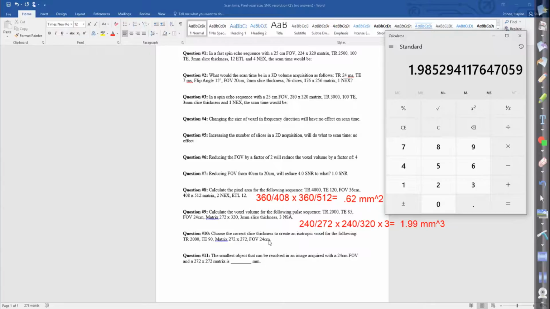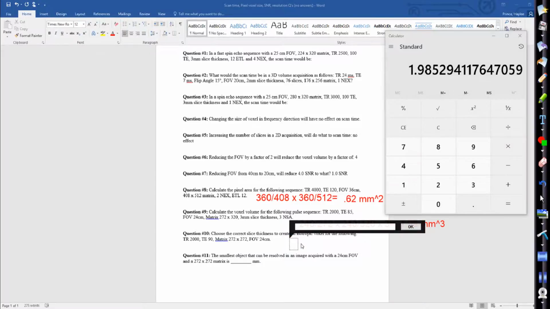So to find that, just do 240 divided by 272. What do we get there? 0.88 millimeters. And once again, the answer should be in millimeters because you're only getting one dimension, your slice thickness.